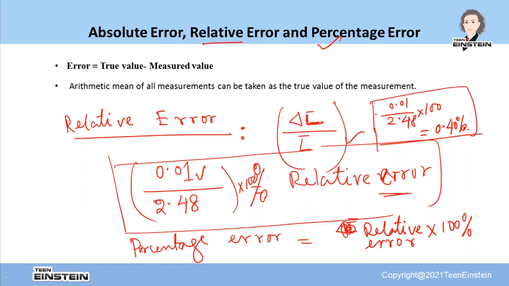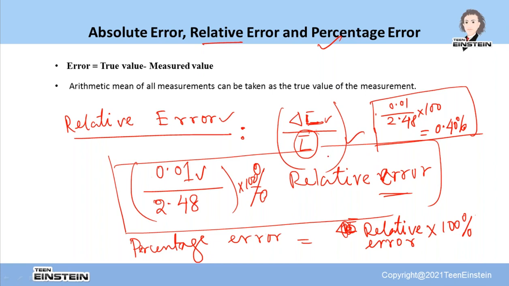Once you know mean absolute error, relative error is the mean absolute error divided by the true value of the quantity. If you multiply 100 with that, you get percentage error.